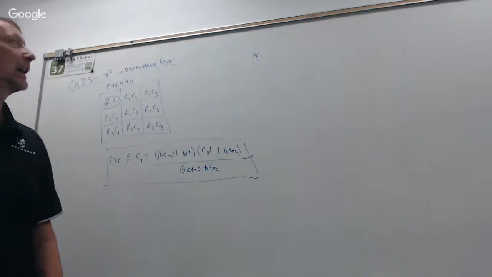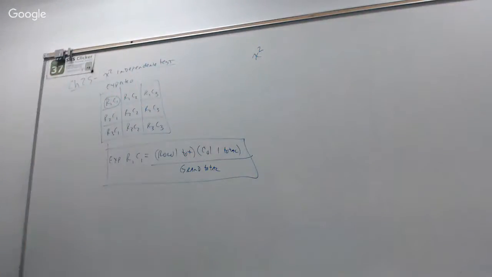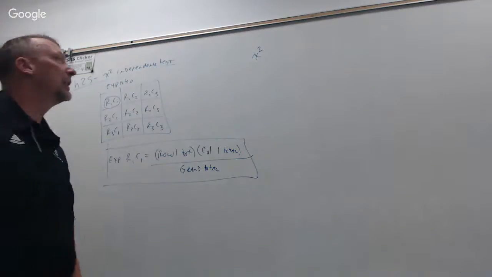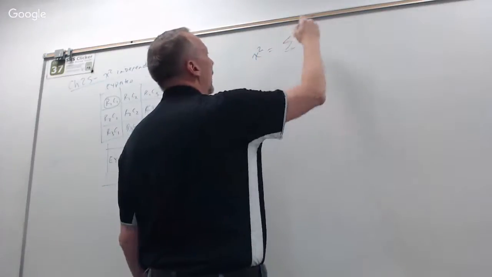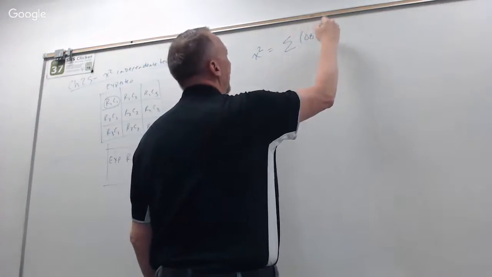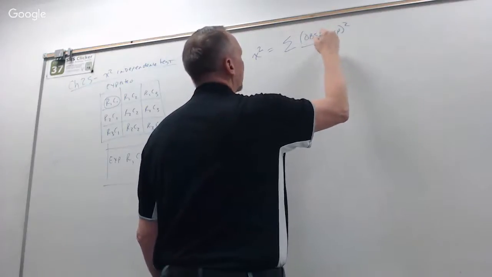Chi, and it's also squared. It looks like x squared. More than likely, this is probably going to be a computer type question because there's a lot of calculations going on. So the chi-squared distribution equals the sum of the observed minus the expected squared divided by the expected.